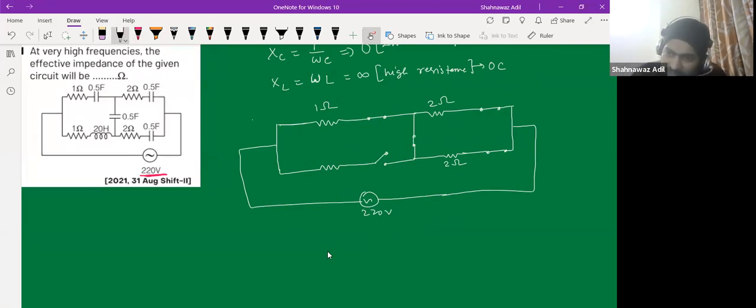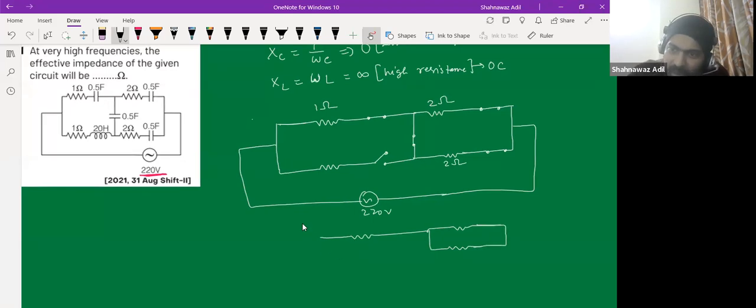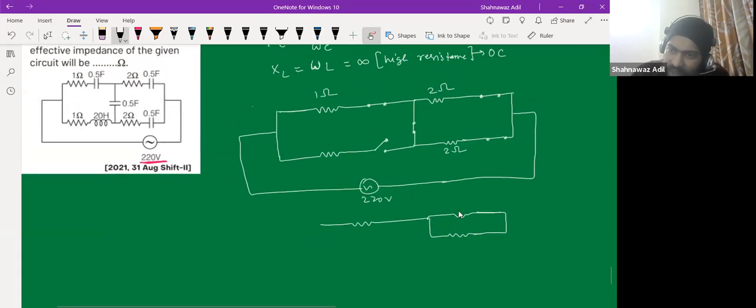So the effective diagram of this is this 1 ohm, and then this thing, and then this thing, right? So this is your diagram, and this is connected to this 220. So what is the effective resistance that you have?